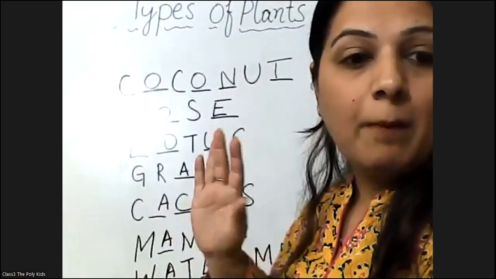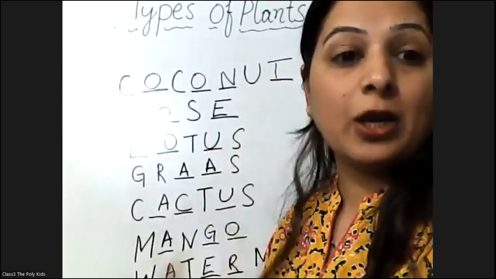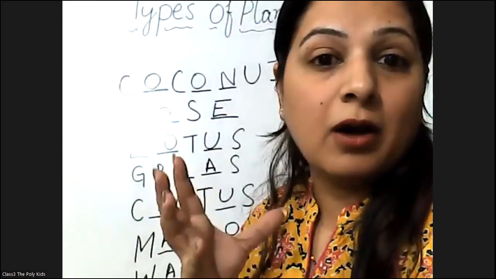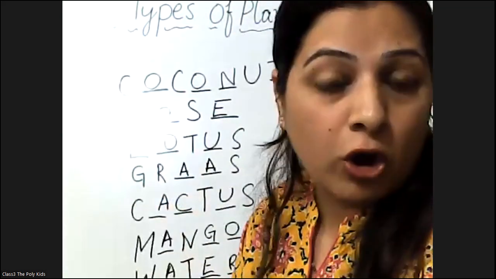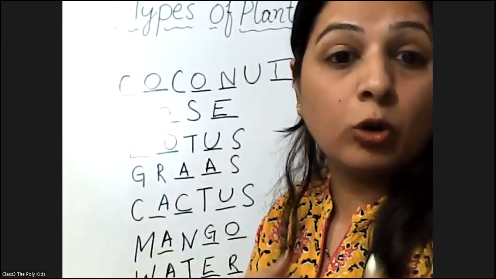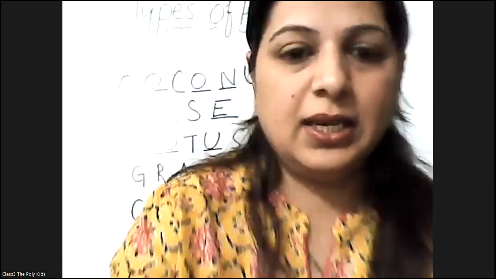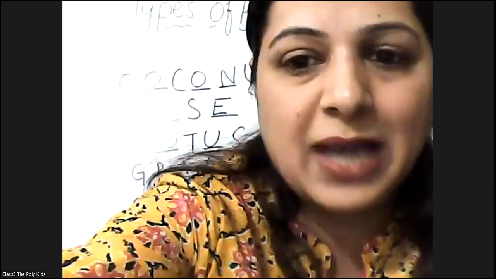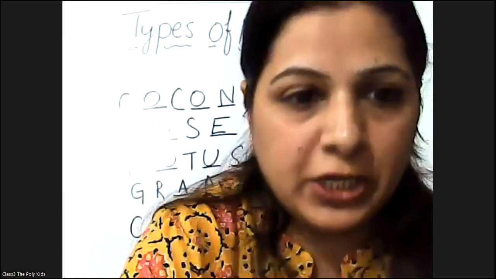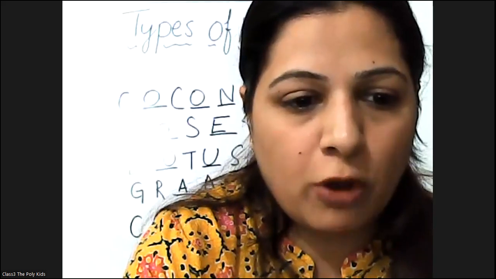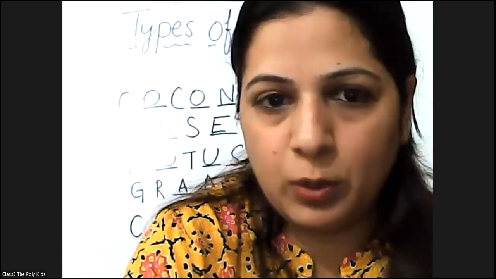What kinds of plants are there, where they are grown, whether they are big or small, what their requirements are, and how they can grow. We will discuss these things in this class. So I am sharing one video first and then we will discuss. You have to keep your mic on mute, everyone.